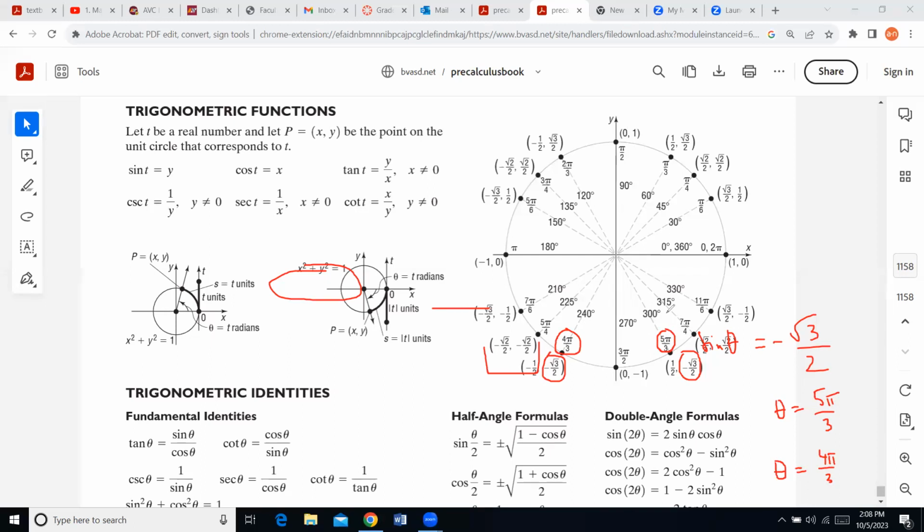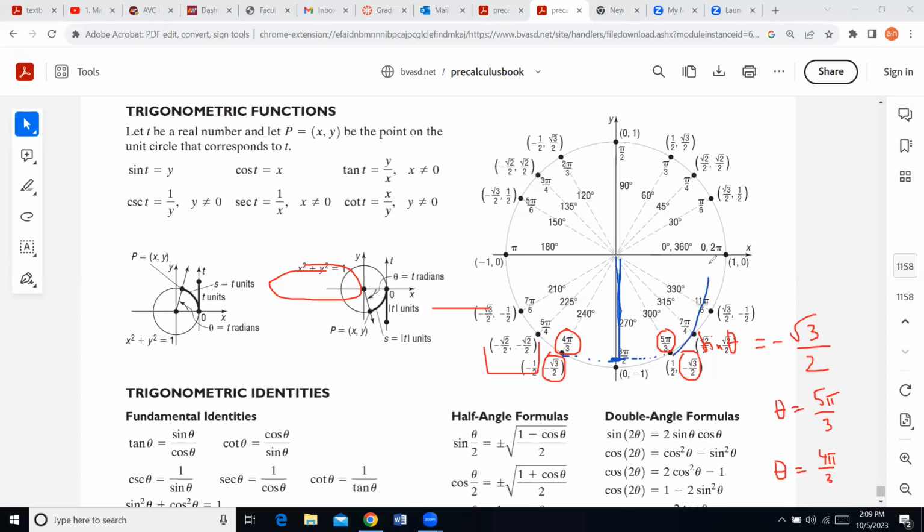It's symmetric through the y-axis. So if you have a value of sine, or y coordinate, equal to this particular number, negative square root 3 over 2, which is very close to 1 with a negative sign, then there are 2 points on the unit circle that correspond to it. But not only those.